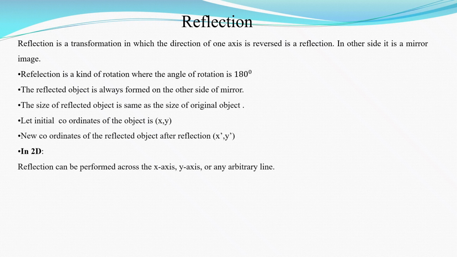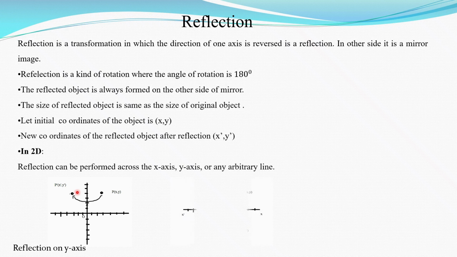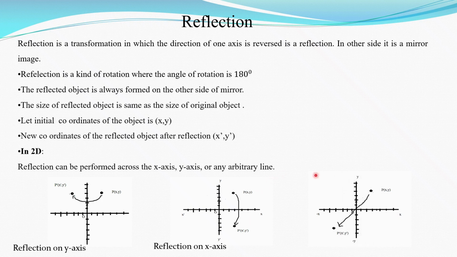In 2D, a reflection can be performed across the x-axis, the y-axis, or an arbitrary line, the origin. This figure shows the object reflected on the y-axis. In the second figure we take the reflection on the x-axis. This one is for the origin.